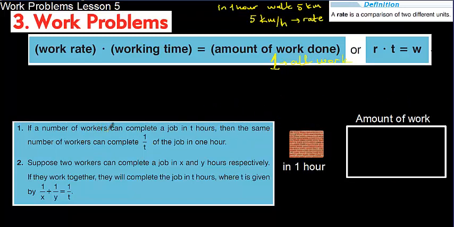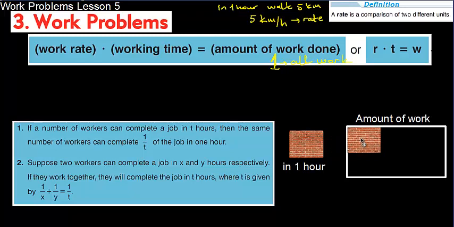If a number of workers can complete a job in T hours, then the same number of workers can complete 1 over T of the job in 1 hour. This is the amount of work given to me to finish this wall, and in an hour I finish this much of the wall. Let's see in how many hours I will finish.